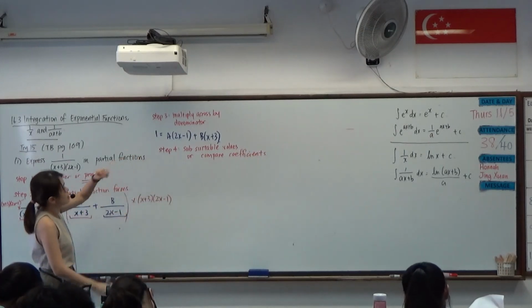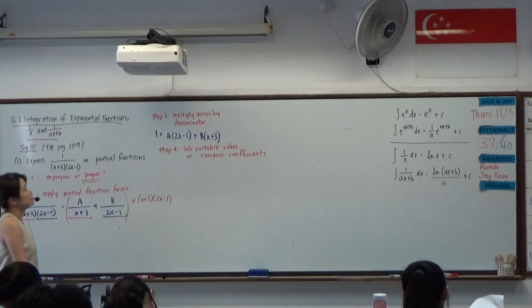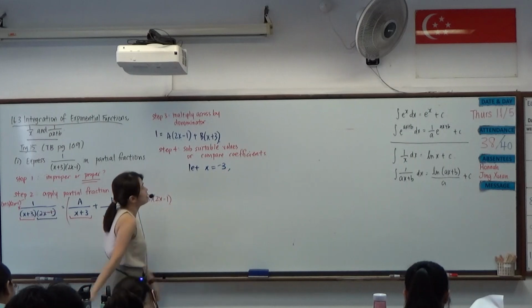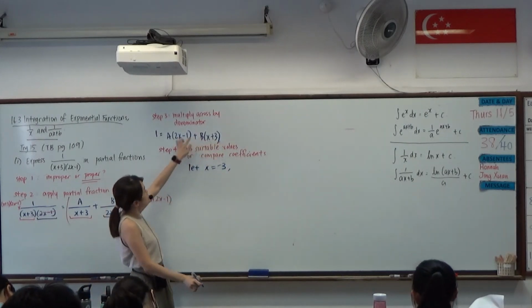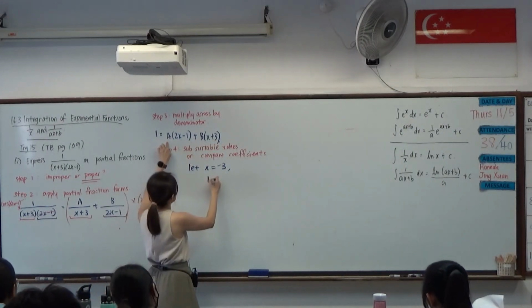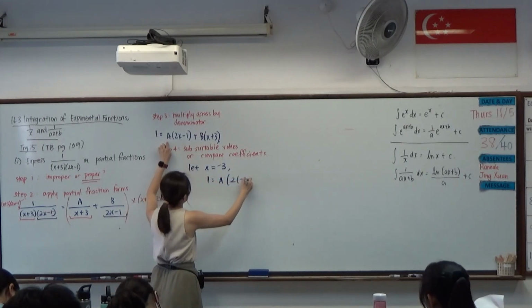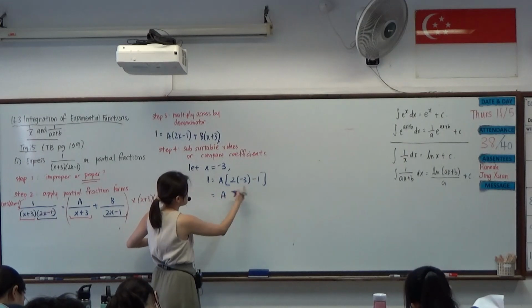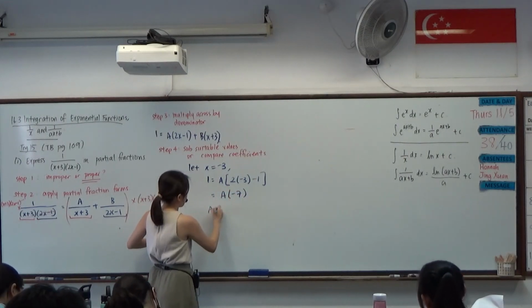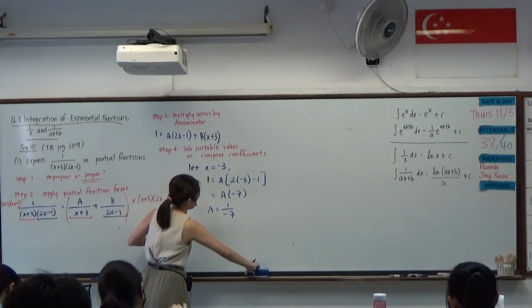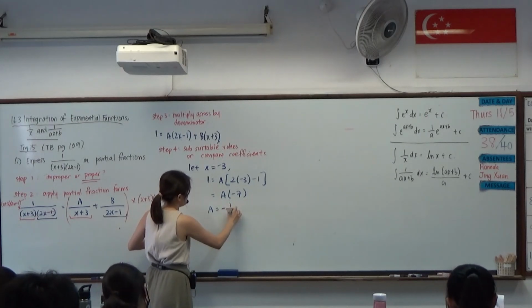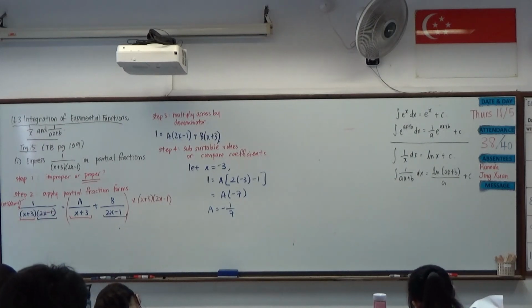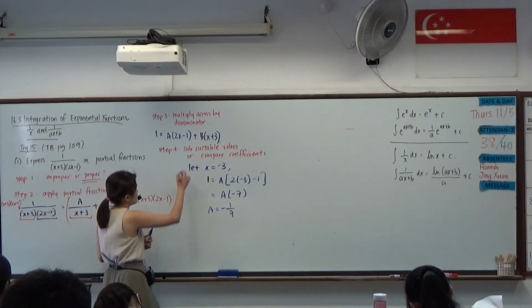So I will substitute suitable values. I will let x equal −3 in order to make this 0 so that I can find out what A is. And A is −1/7.